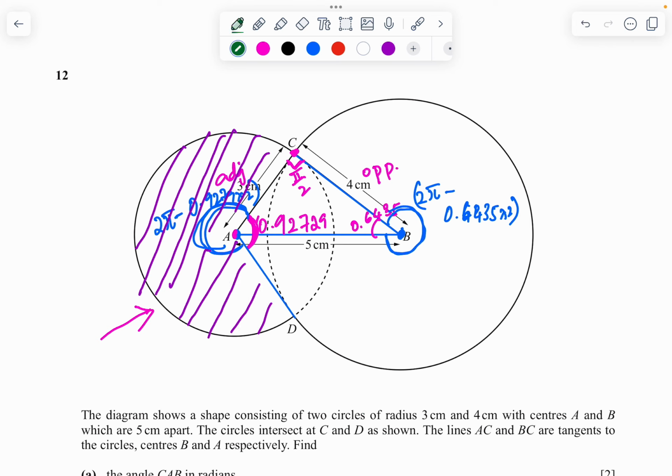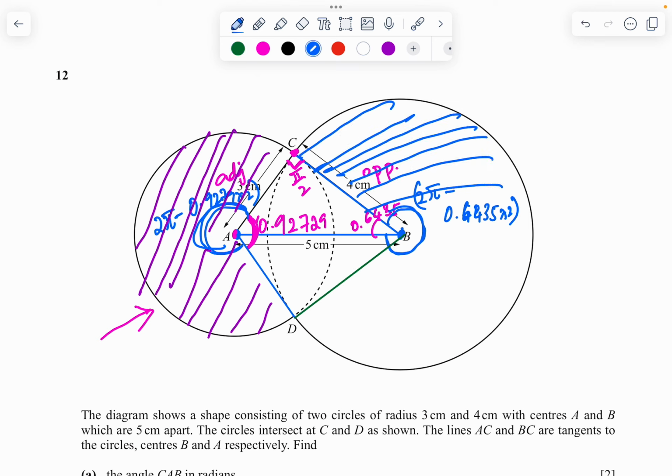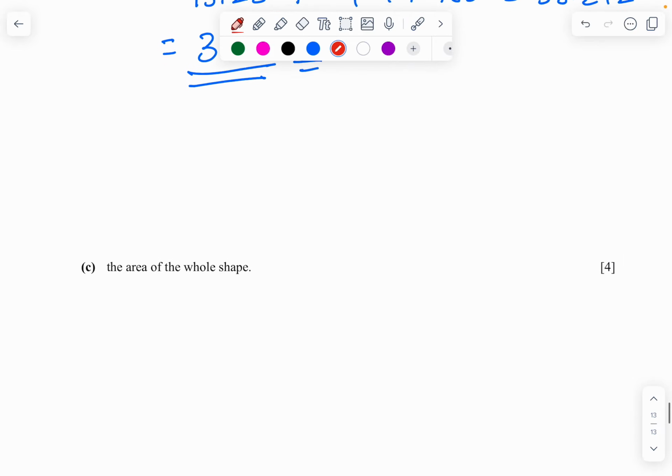Okay, then I'm also going to find the area of this bigger circle's major sector. Then I can use the two right triangles here in the middle. You can see that they both are right triangles. Then I find the area of these two right triangles. Okay, so let's get started step by step.